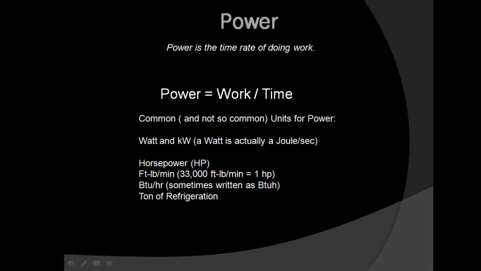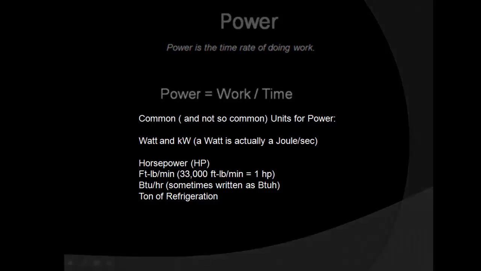Just as with work, power has a number of units commonly used depending on the application. In the metric system, the basic unit for power is the watt and also the kilowatt. Please note, the watt is based on the definition for power, as the watt, by definition, is a joule per second.